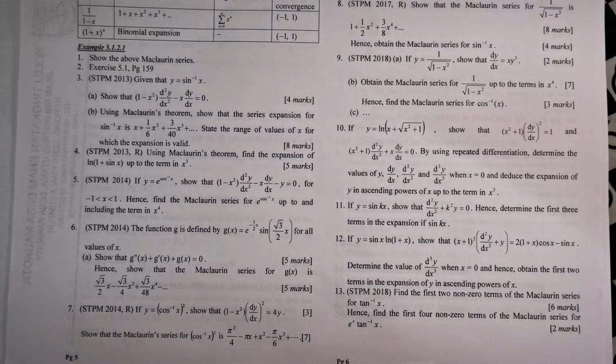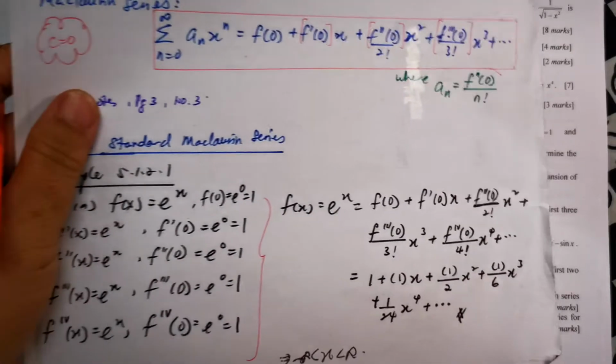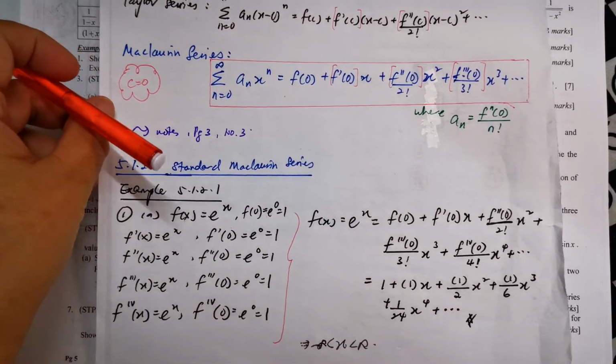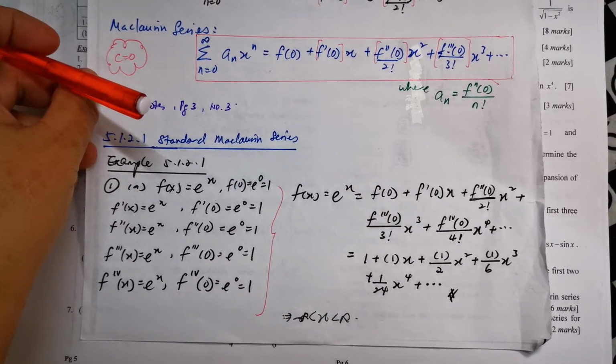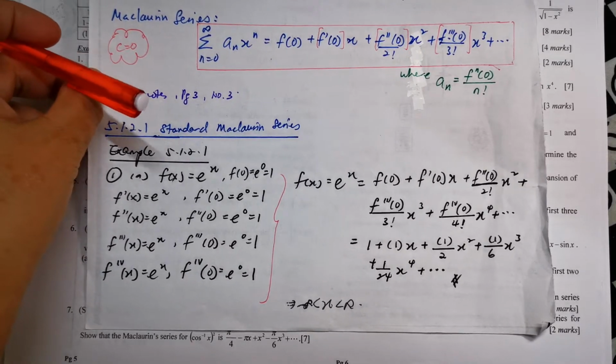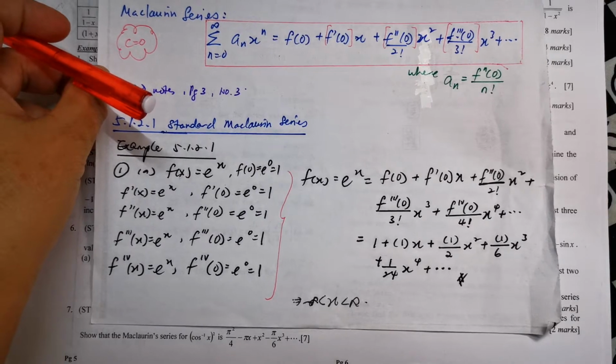So I'm going to discuss a few, so the rest you have to do it. Let's see the first one, e^x. How we are going to use Maclaurin's theorem to find the Maclaurin series of the function e^x.